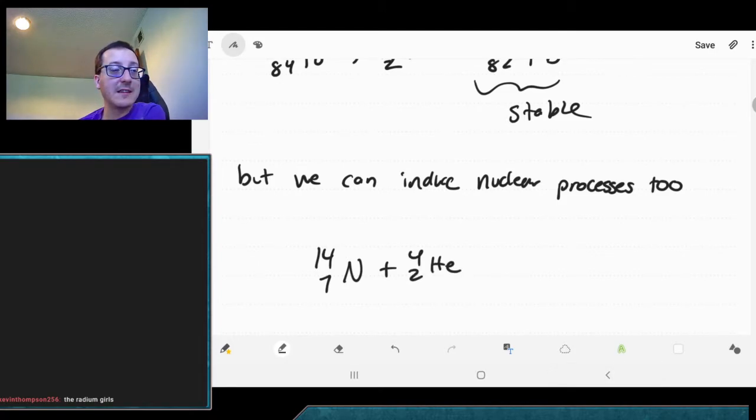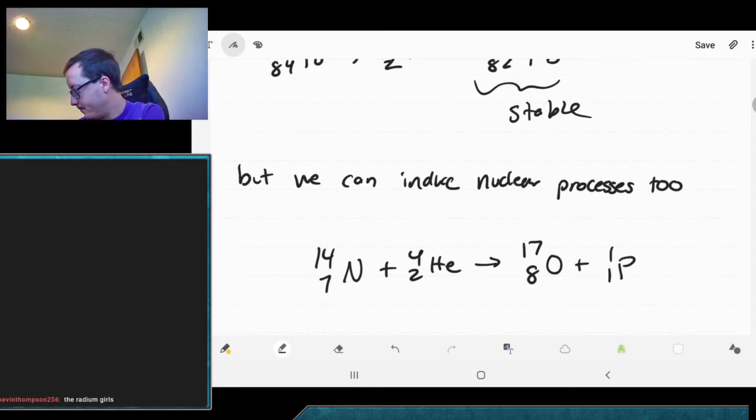We can use various things to get this helium to be sped up. We end up getting out an oxygen and a proton. This is a helium nucleus, by the way.